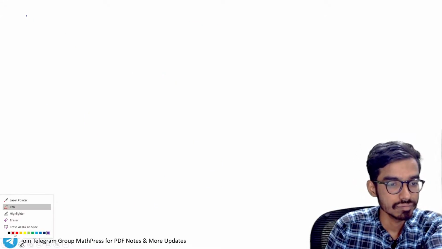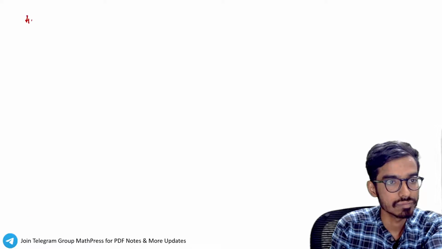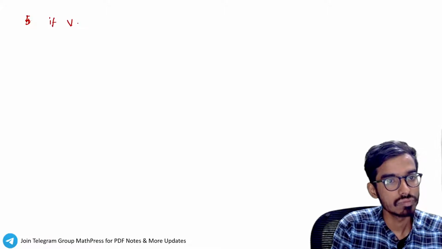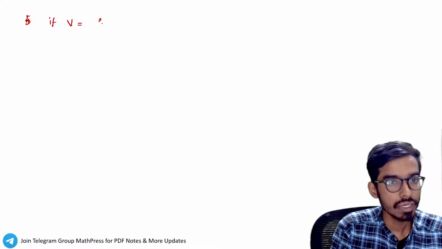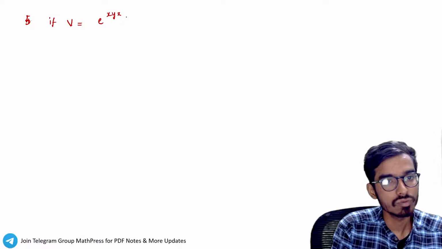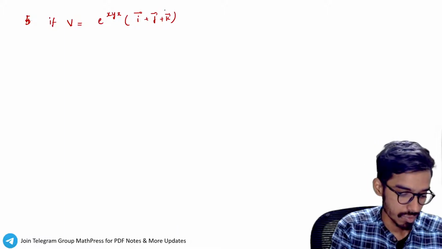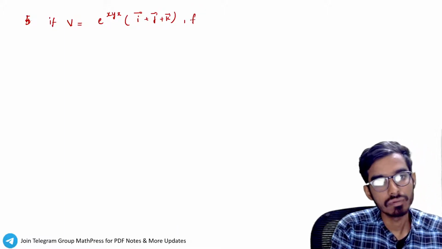Fourth problem. Fifth problem. If b is equal to e power xyz i vector plus e power xyz j vector plus e power xyz k vector, find curl b.